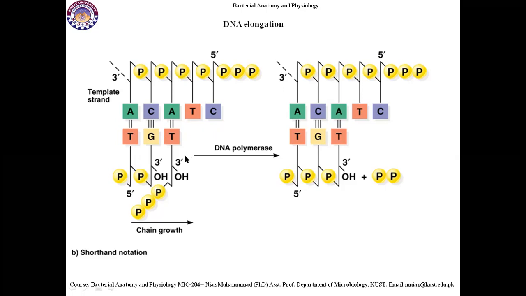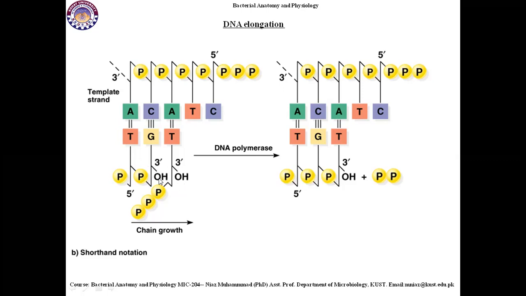It forms by phosphodiester bonds and grows from 5' to 3' because it is antiparallel to the parental DNA, the template.